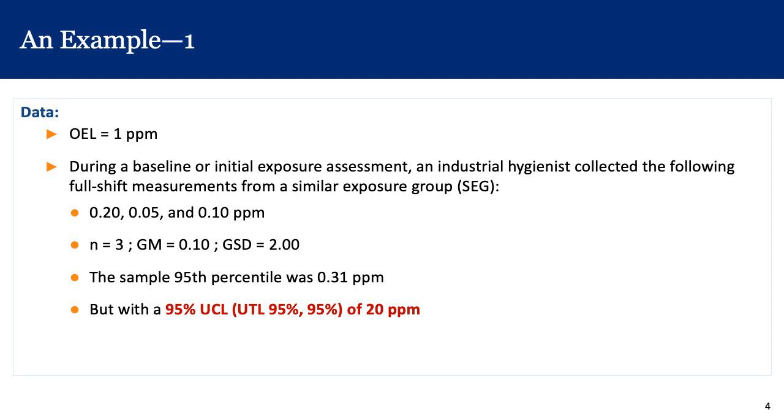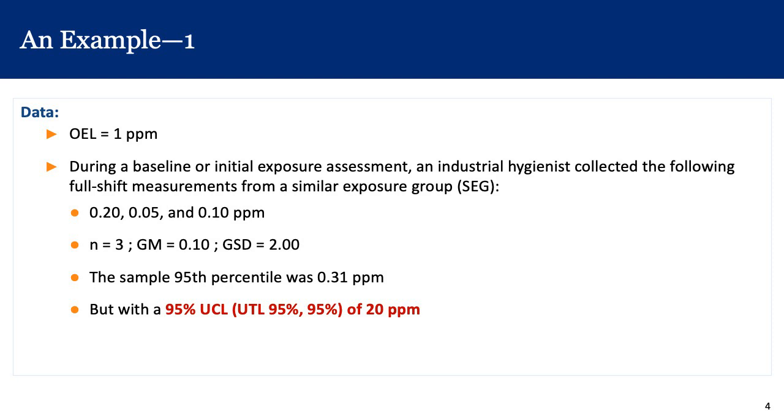So 0.31 is much less than the exposure limit of 1 part per million. But the 95% upper confidence limit is 20 parts per million. So it's well above the OEL. And so the industrial hygienist now has a dilemma if he or she just went with the traditional industrial hygiene statistics.